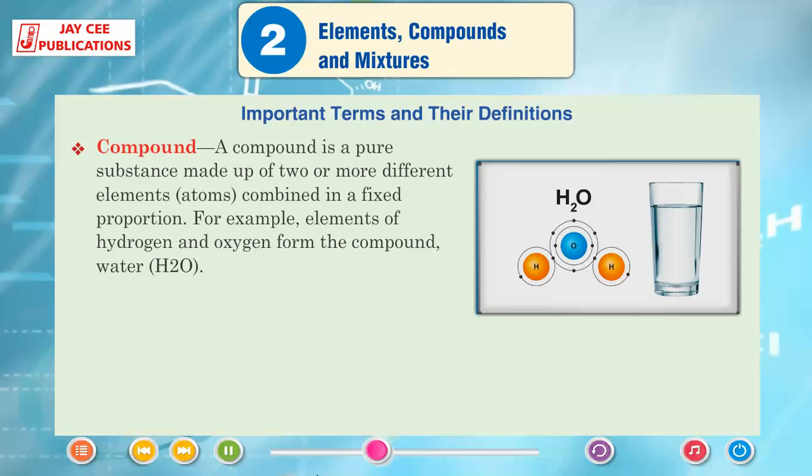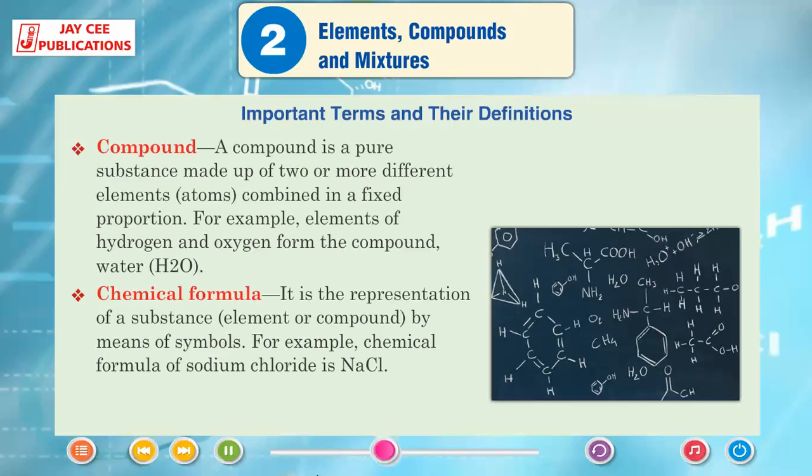Compound. A compound is a pure substance made up of two or more different elements or atoms combined in a fixed proportion. For example, elements of hydrogen and oxygen form the compound water, H2O. Chemical formula. It is the representation of a substance, element or compound by means of symbols.